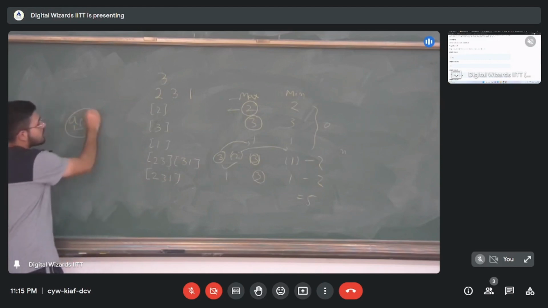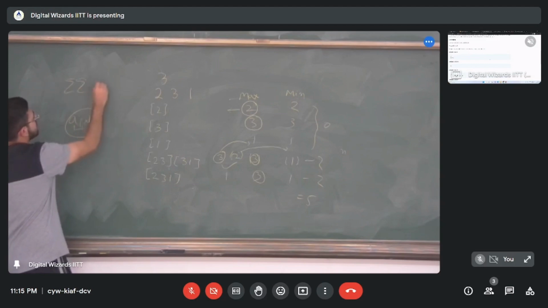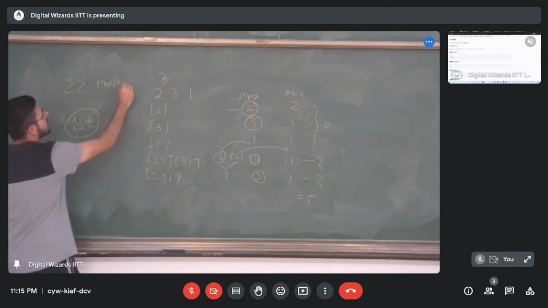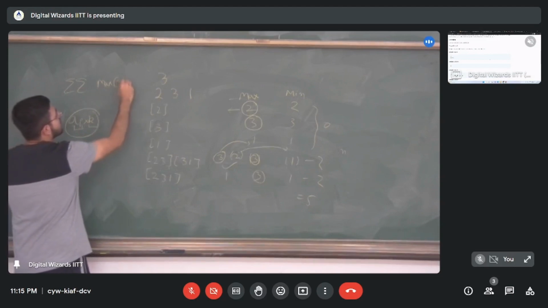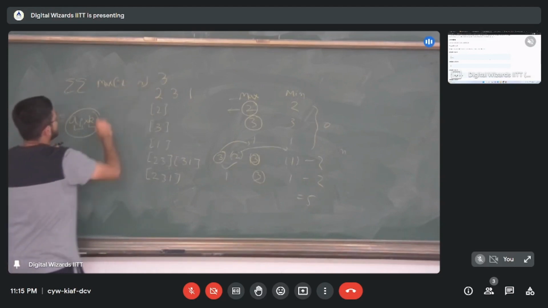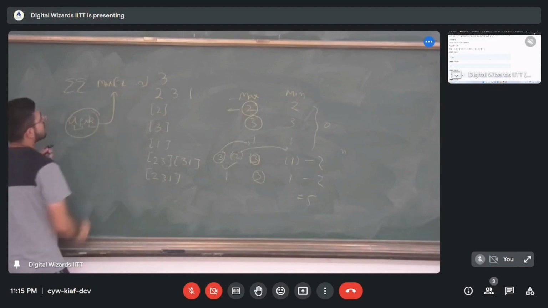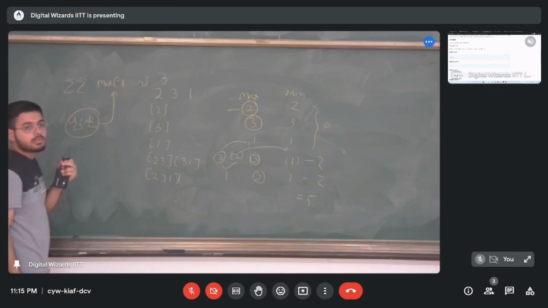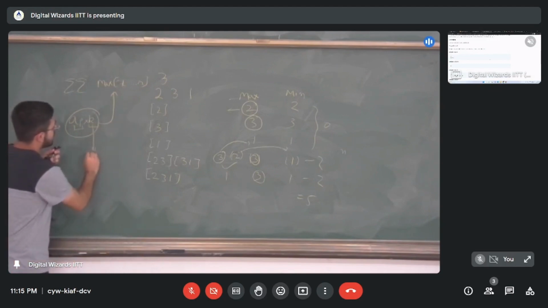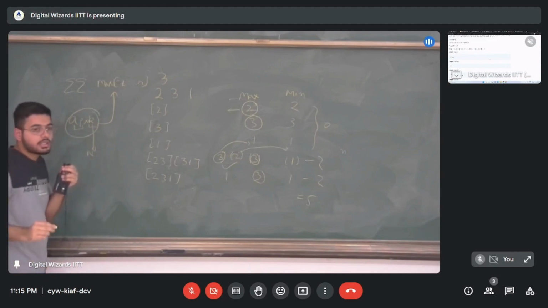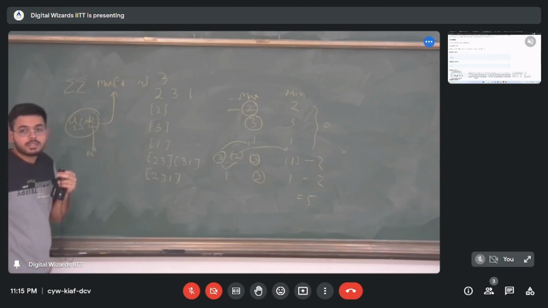That should contribute to this sum, right? Max of L to R. So this is the contribution of this element to this sum, where k is the number of subarrays in which ai is maximum, right? Is it good?